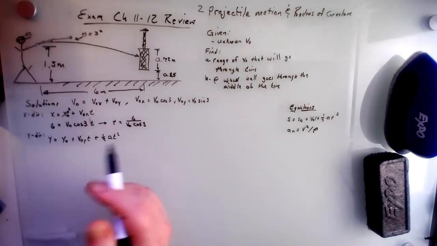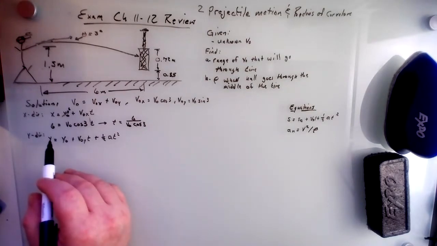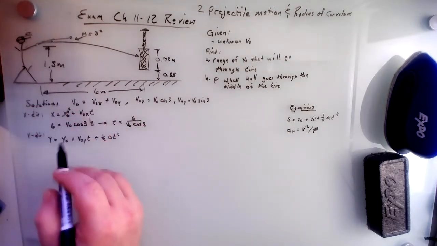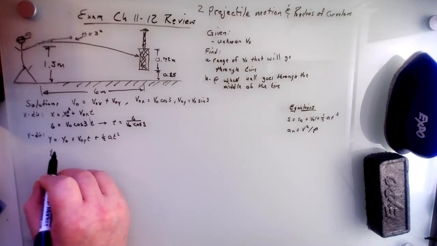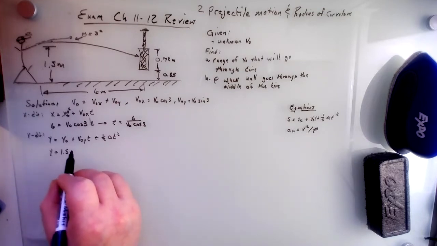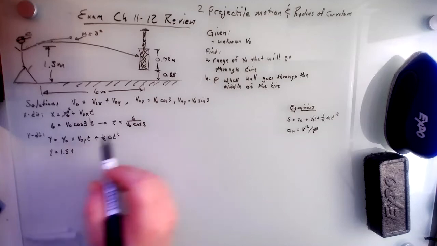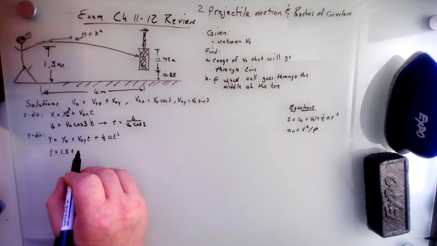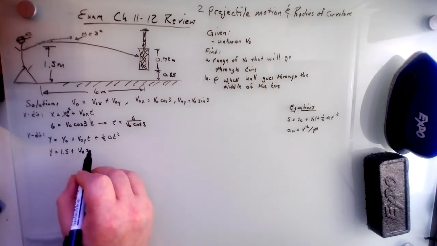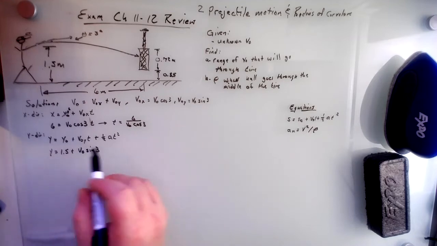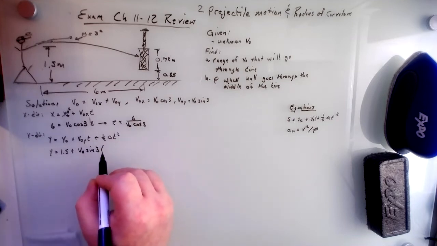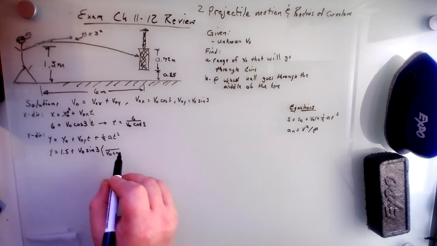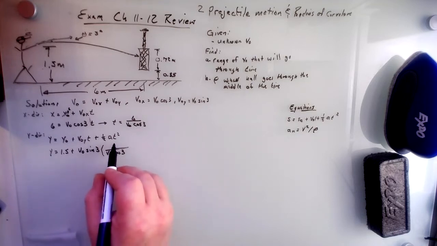At the end, once we have the relation, we'll solve it based on the y values that we want. Y naught is 1.5, so y equals 1.5 plus v naught y, which is v naught sine 3, times t, which is 6 over v naught cosine 3.